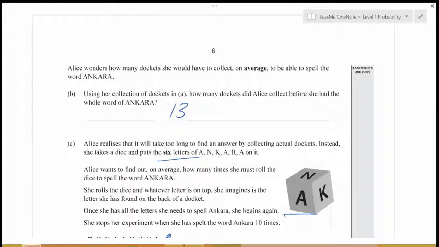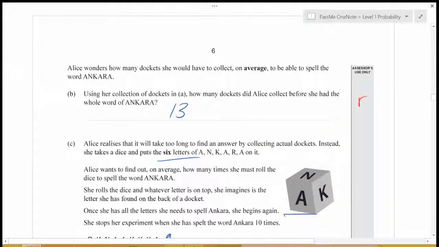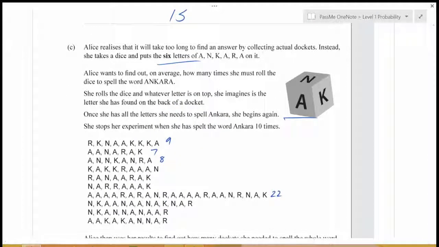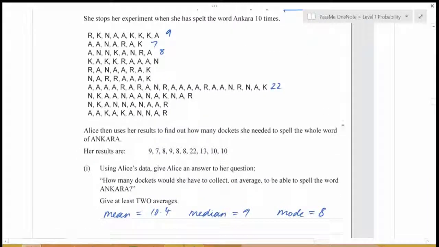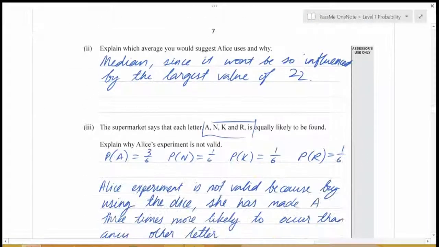And with question B, if you process that correctly, that's merit level, so relational. With the next part, working out the averages, that's relational or merit level. And the next statement is justifying what one you're going to use, that's relational as well.